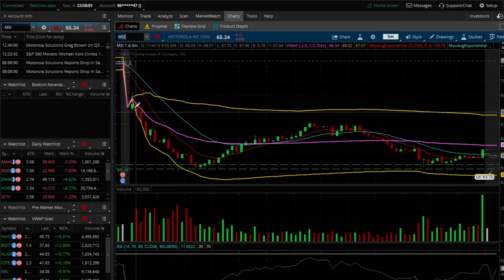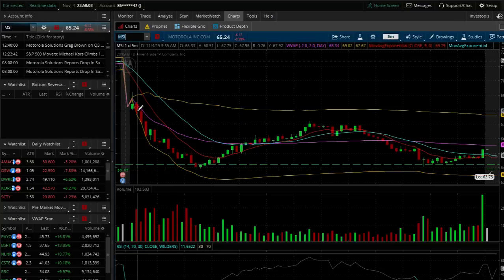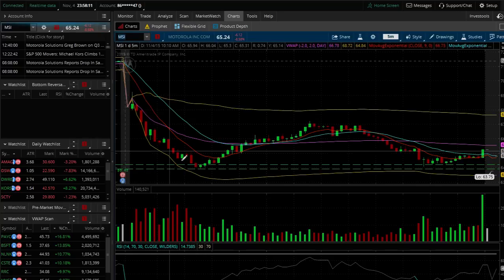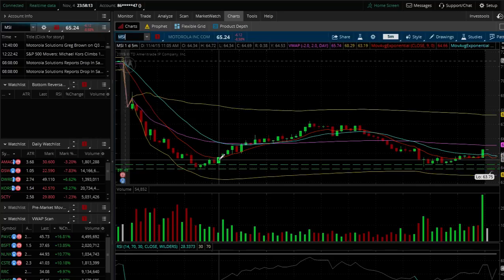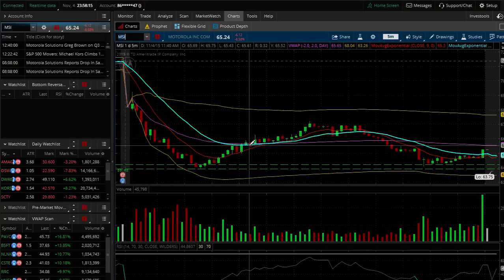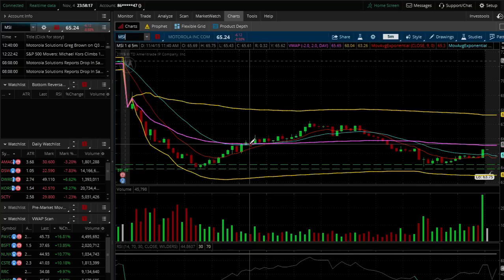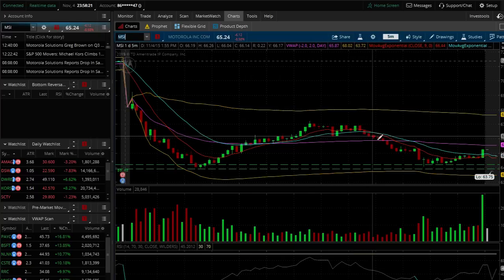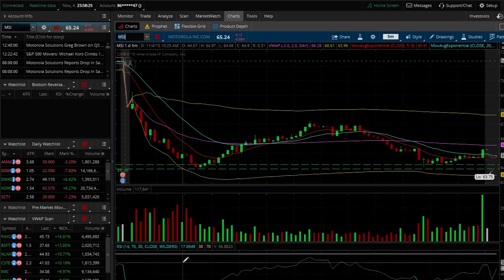So this was a good 5-minute opening range breakdown trade, all the way back down to this support before it bounced. You could have got one trade, or split this trade into 2. This would be 2 trades, 3 off the VWAP, and 4 down here. So 4 trades on one ticker using reversal.